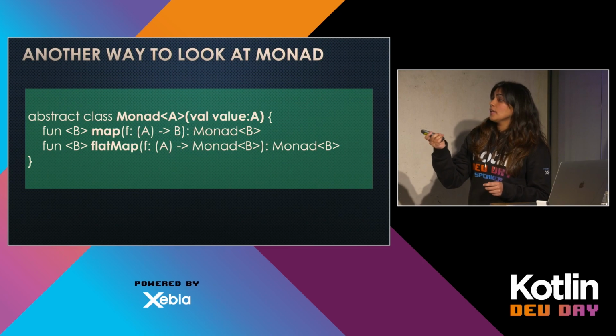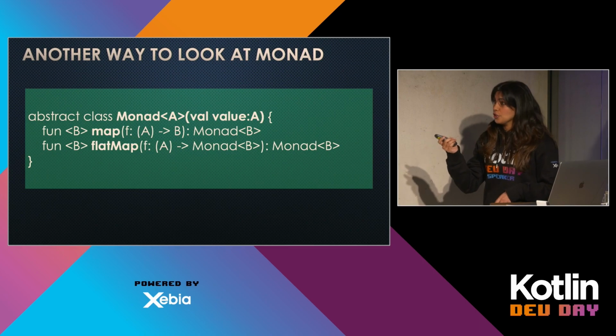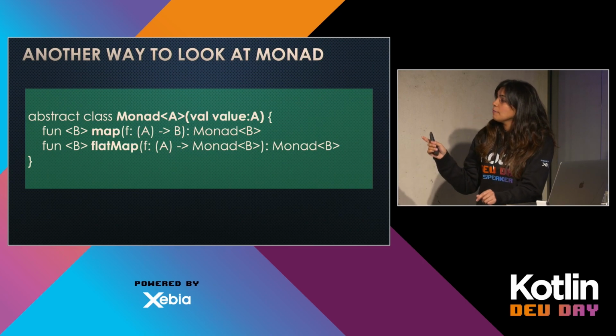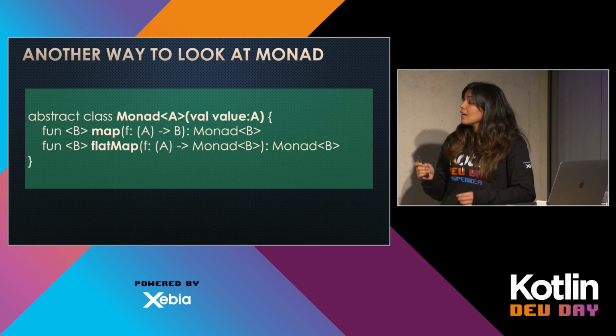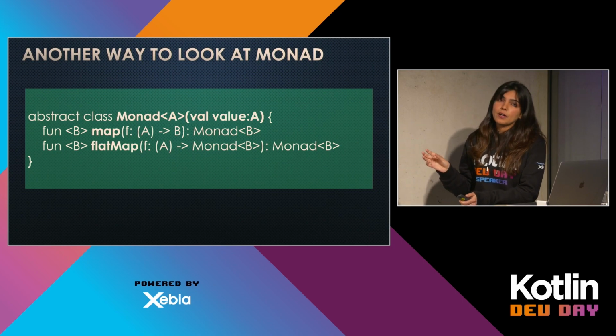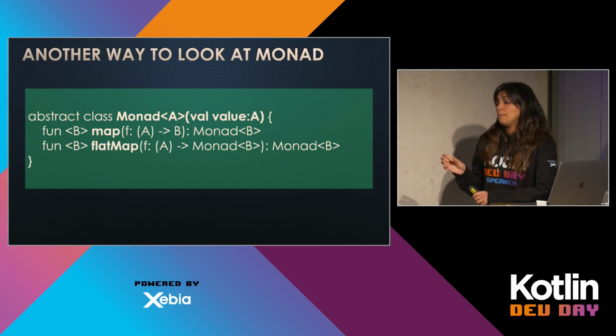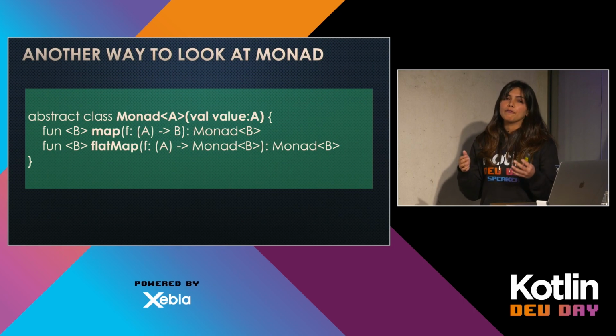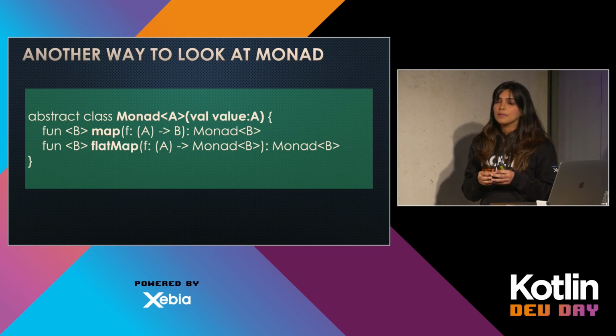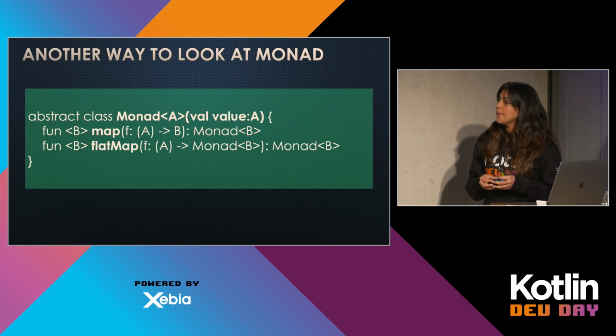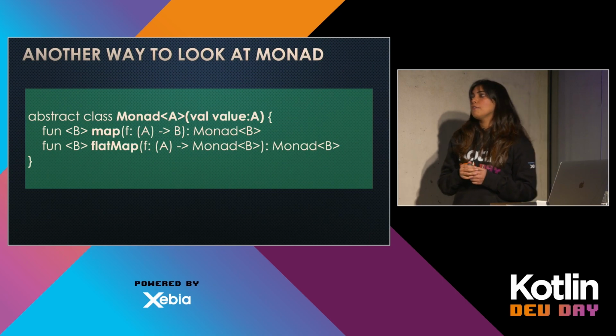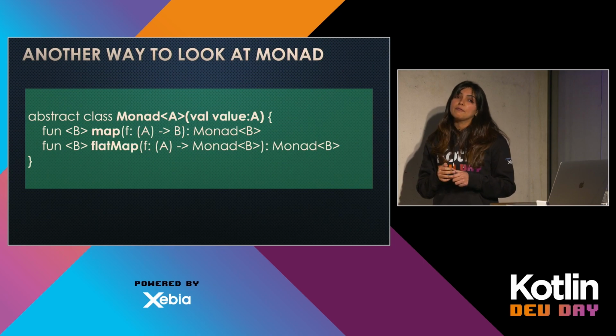The second property is that it should have a map function, and as you can see the input to the map is another function and the lambda returns type B. And the output from the map function is a monad of type B. It means the output from the map is wrapped up in a certain context, and that context is what we are referring to as the monad. The third property of a monad is having a flatMap.